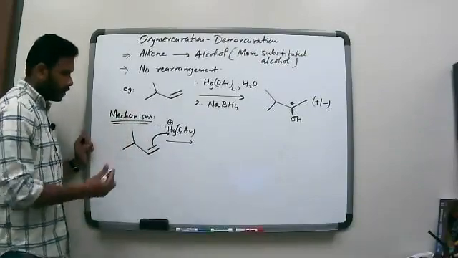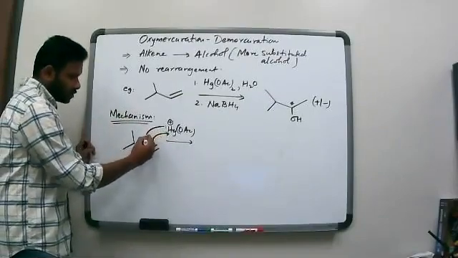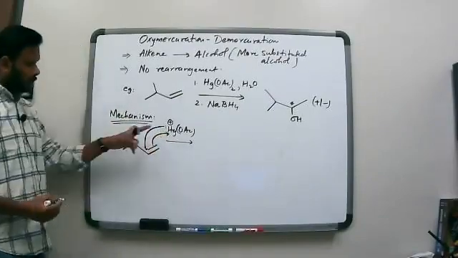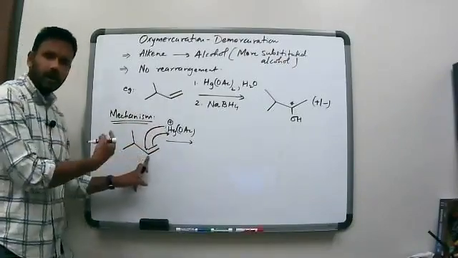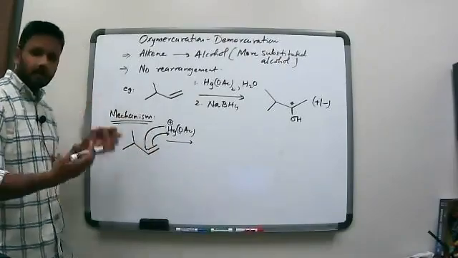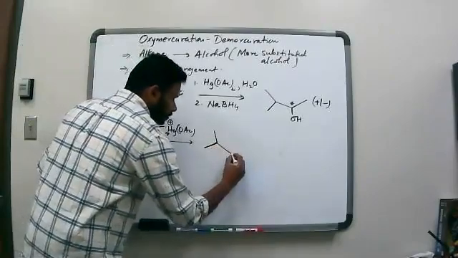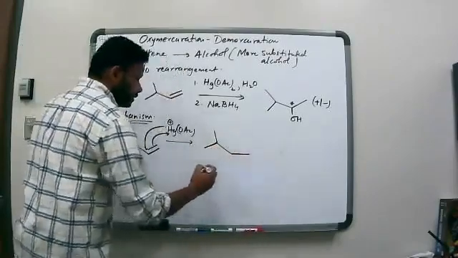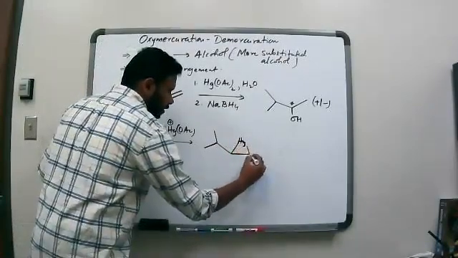So while this attack happens, at the same time, the extra electrons on the mercury do an attack back on the alkene, on the carbon where the carbocation would have formed, similar to the halogenation reaction. And so what we get eventually is a mercuronium ion.